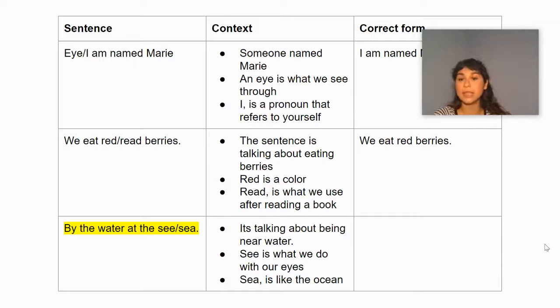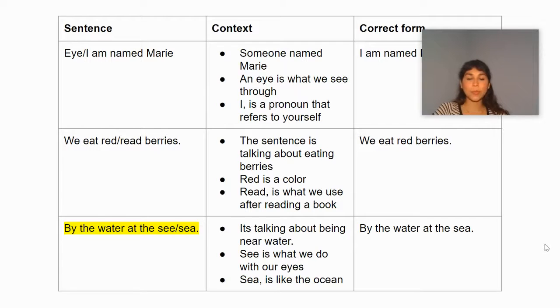See, spelled S-E-E, or sea, spelled S-E-A. Good job. It's the word spelled S-E-A. If the sea is like the ocean, oceans have water. And if our sentence is talking about being near water, sea, spelled S-E-A, is going to make our sentence make sense. By the water at the sea.